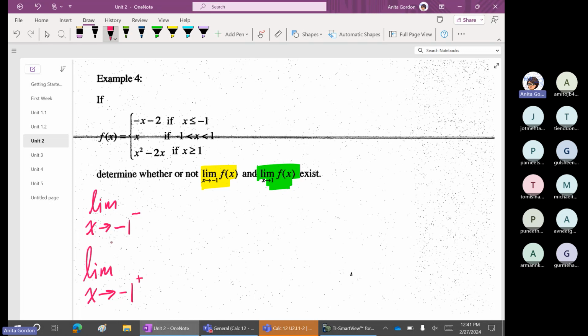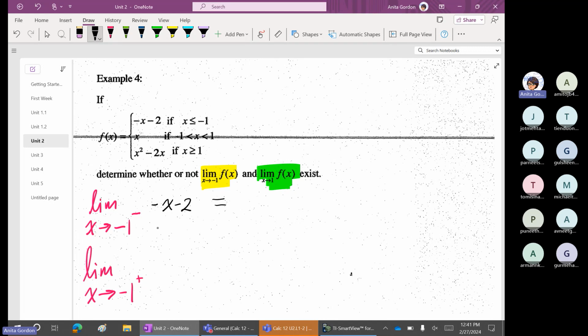As it approaches -1 from the left, what equation am I focusing on? The first one. So I'm looking at -x minus 2. Okay, do some calculator, or you can even do this in mental math.